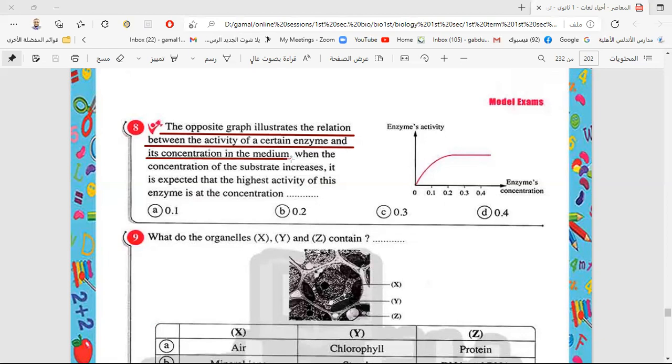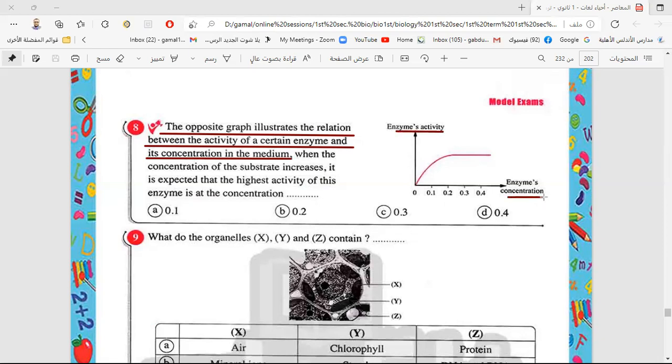The opposite graph illustrates the relation between the activity of a certain enzyme and its concentration in the medium. Okay, concentration of the enzyme in the medium. Enzyme activity and the enzyme concentration.